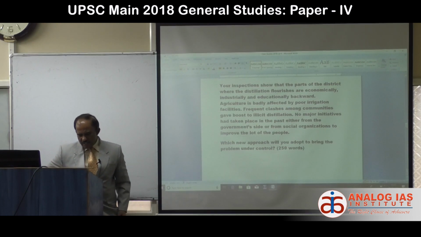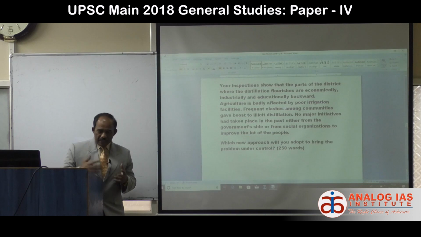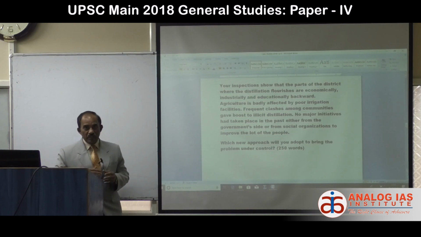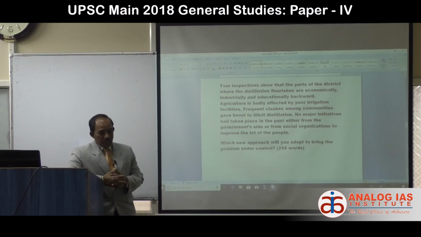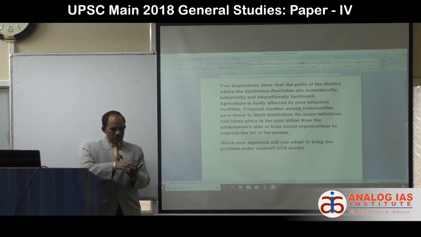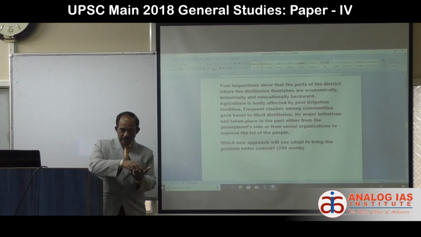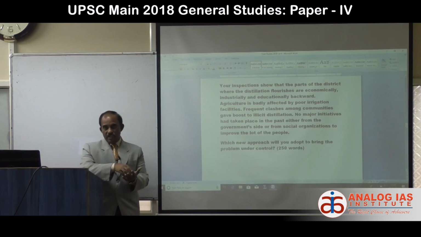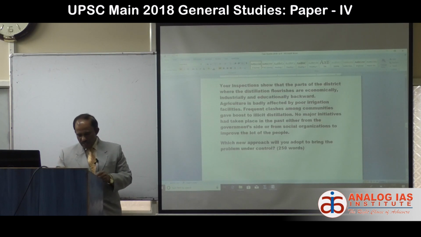As far as agriculture is concerned, you can explore dry farming techniques which can be applied in a particular region, so that crops which need less water can be encouraged in that region.